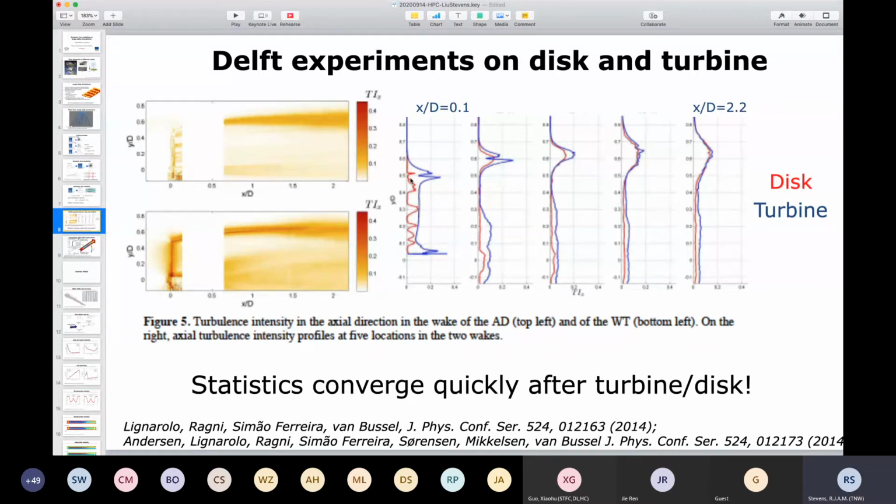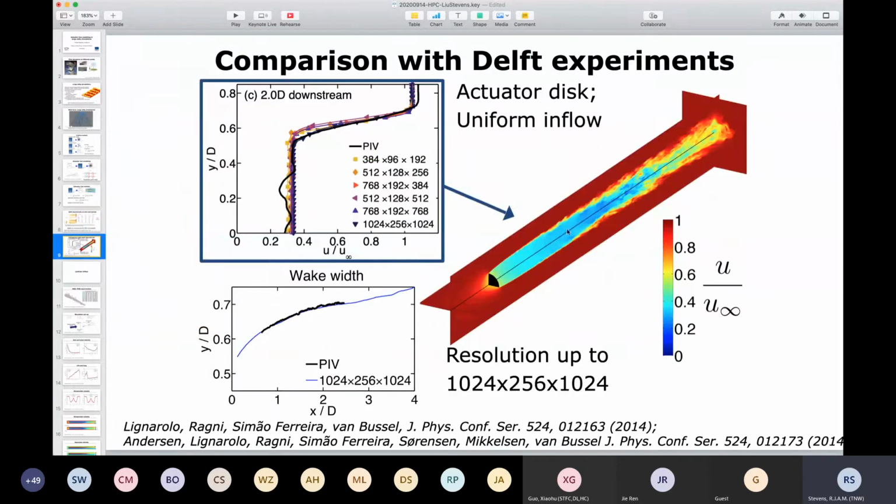If you can see my cursor, in these plots there are pronounced differences. Looking at the wake somewhat further downstream, disk and turbine give reasonably similar results. This is also one of the motivations for using actuated disks in very large wind farm simulations, but of course we can get more detail with actuator line simulations.